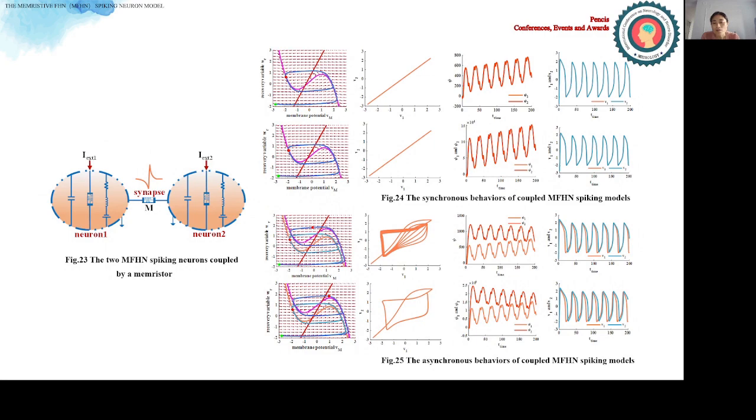Two MFHN spike neural models are coupled with a memristor. When the same external stimuli are applied to it, it performs synchronous behavior in figure 24. When different external stimuli are applied to it, it performs asynchronous behaviors in figure 25.